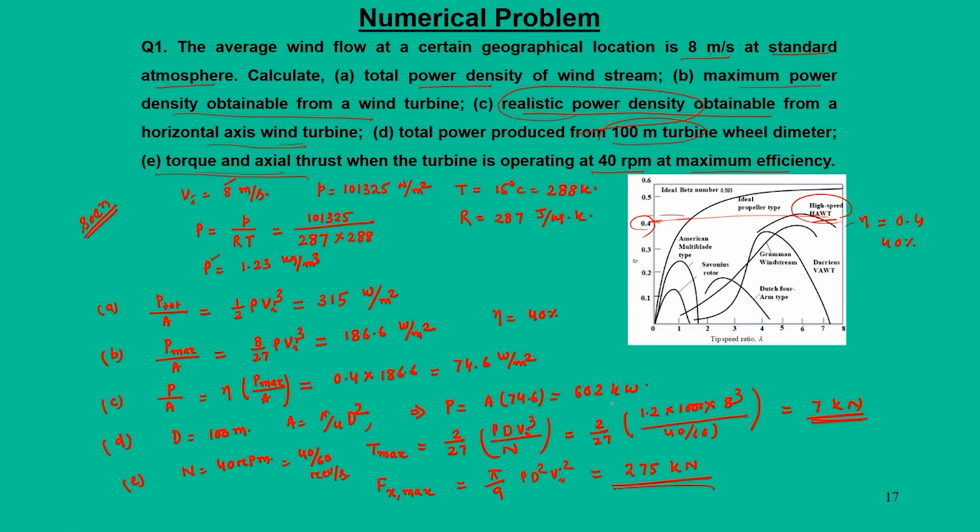To produce a power of 600 kilowatt by a wheel diameter of 100 meter, we are able to get a maximum torque of 7 kilonewton. That means, for the structural stability, the wind machine or horizontal axis wind turbine must have the ability to withstand a force of at least 275 kilonewtons.